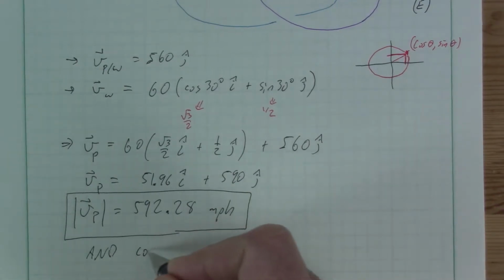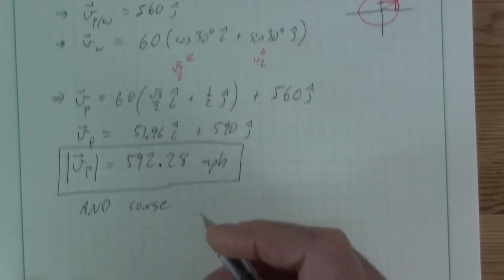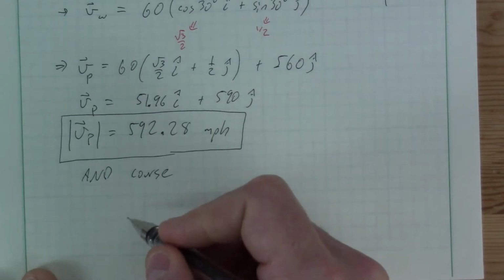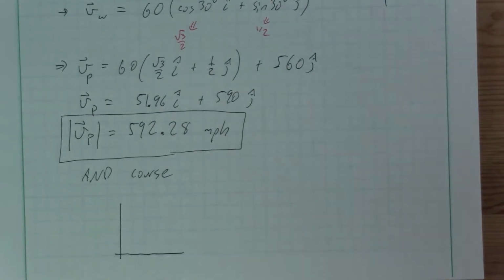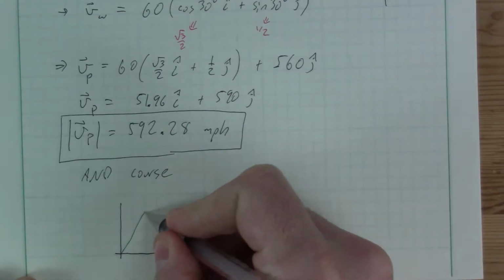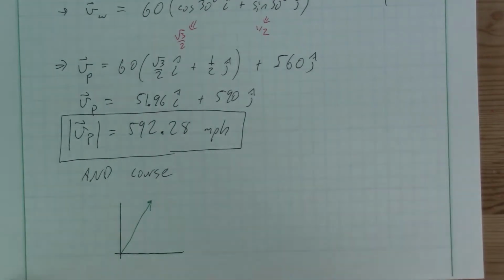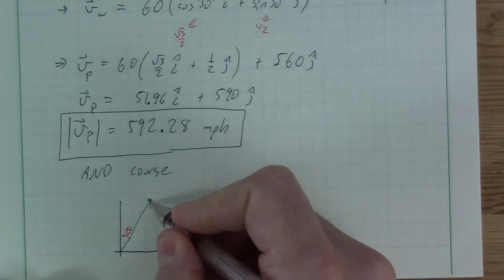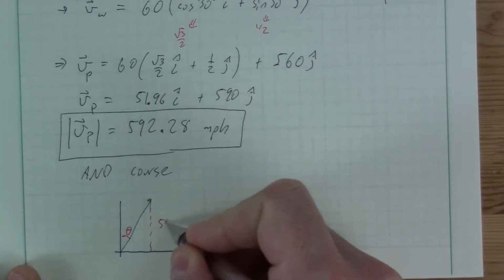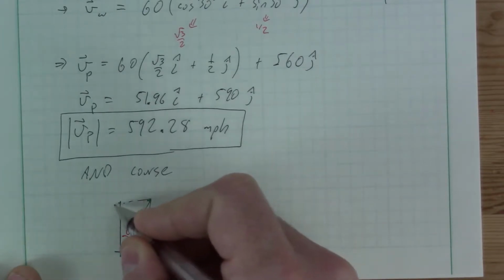And our course is going to be, now the two components matter here, because what we have is, exaggerating the angle, it's actually going to be much smaller than this. Here's our course angle. We know that this is 590, which tells us the length there.